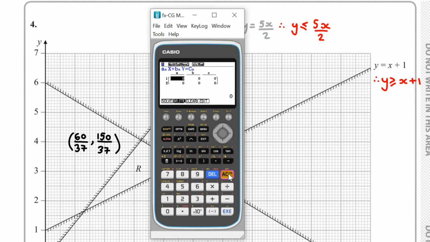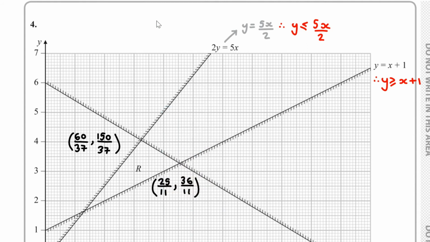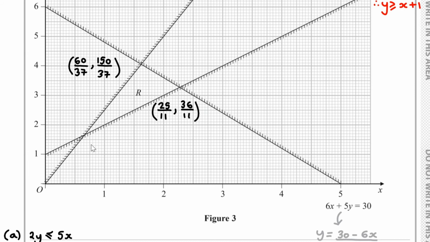So if we go back here, we've got 5x minus 2y equals 0 being solved simultaneously with 1x minus y equals minus 1. So here we get 2/3 and 5 over 3. So if we add that to our diagram, here we've got 2/3 and 5 over 3.